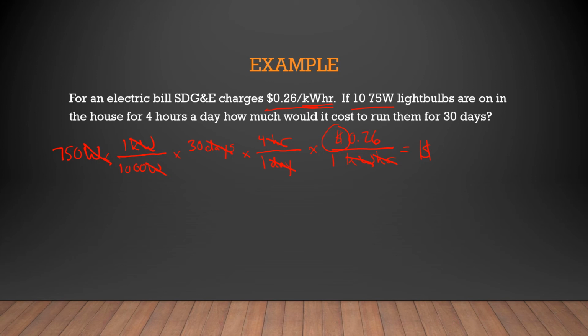Then we just have to quickly multiply 120 times 750 divided by 1,000, and then multiply that by 0.26 for 26 cents, and we get $23.40. So to run those 10 75-watt light bulbs for 4 hours a day at that charge, it's going to cost us $23.40 over the course of 30 days.